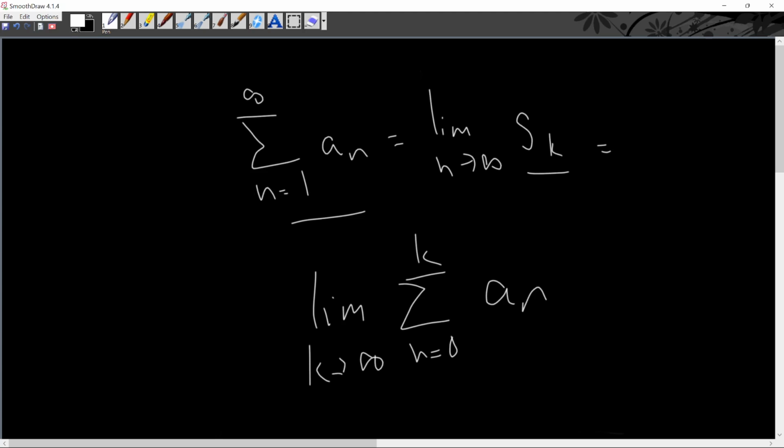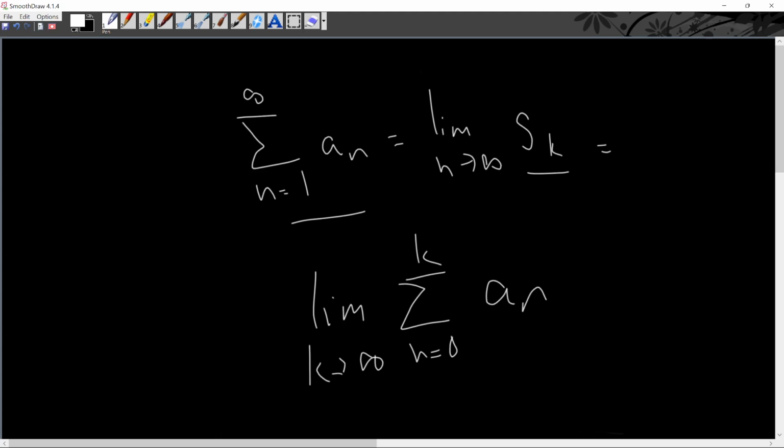So when the limit of the partial sums exists, like when the value of the series exists, we say that the limit as k approaches infinity of the sum from n equals 0 to k of a sub n is going to be the sequence of partial sums.